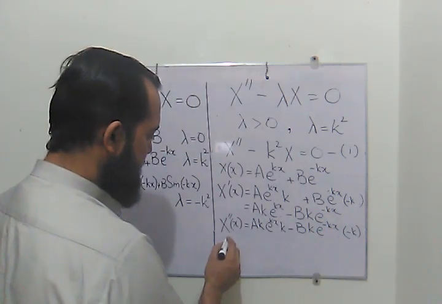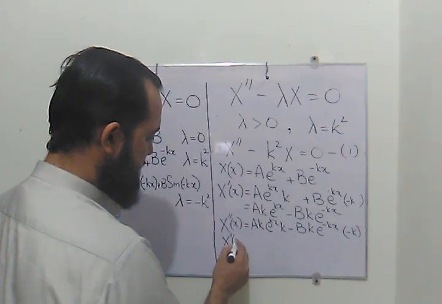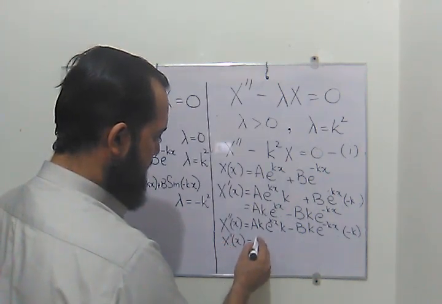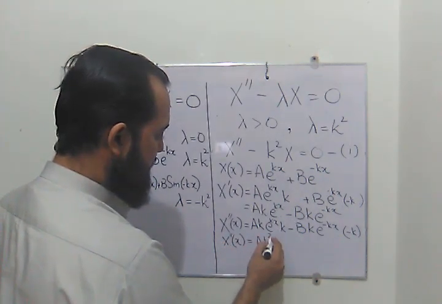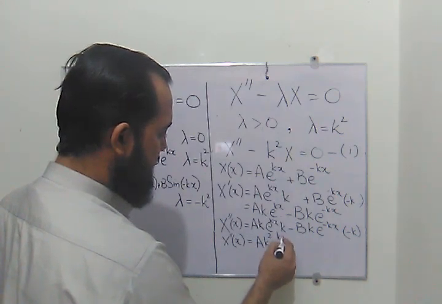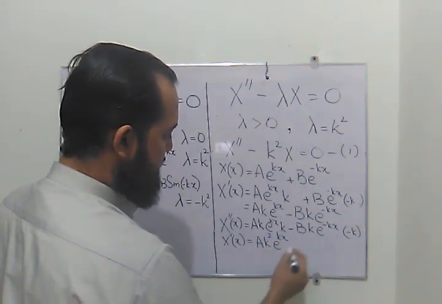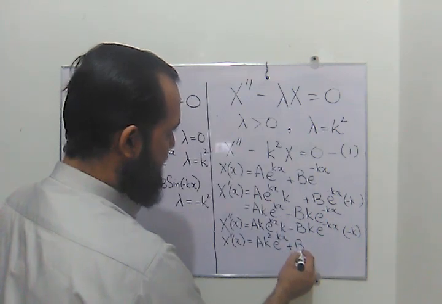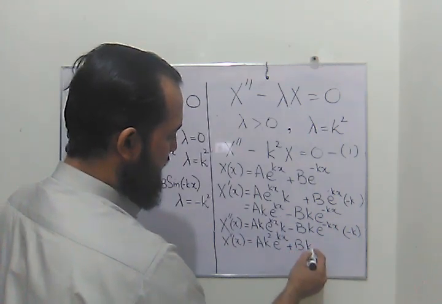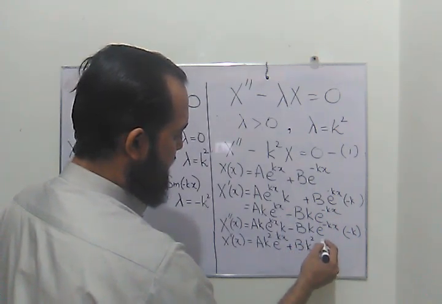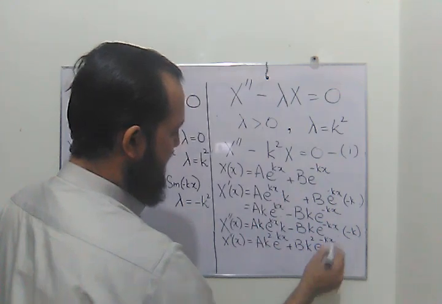So this will become a k square exponential kx, minus minus plus, b k square exponential minus kx.